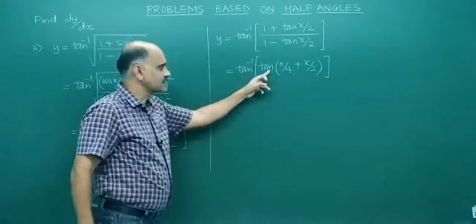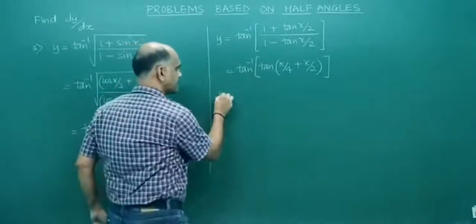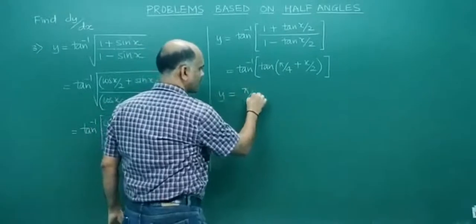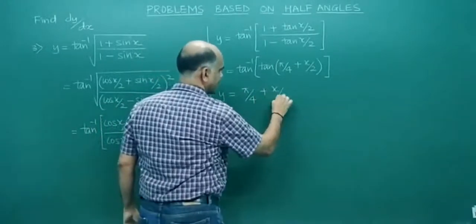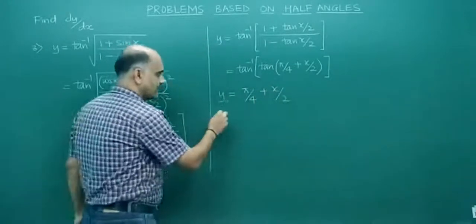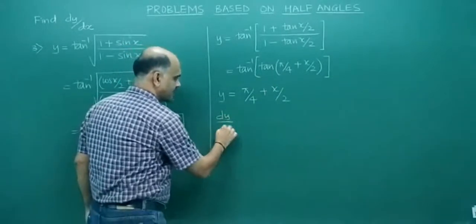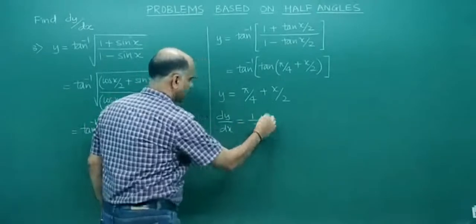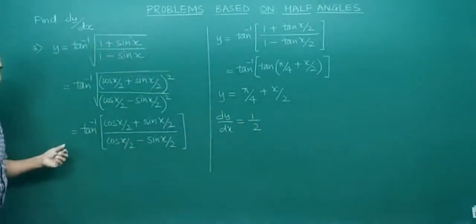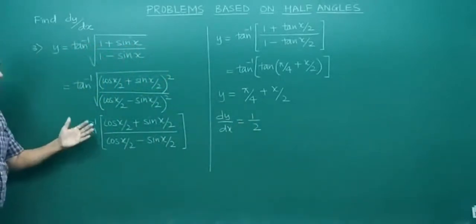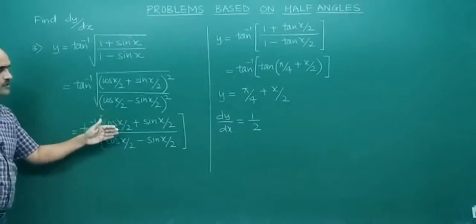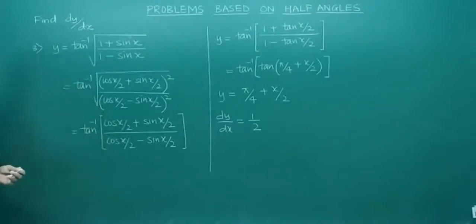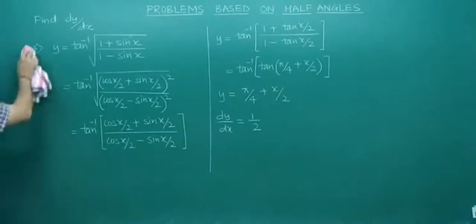Now tan inverse tan gets cancelled, so you will have y is equal to pi by 4 plus x by 2. And finally differentiate, you will have dy by dx is equal to 1 by 2. Clear, students? So you can pause, note down the solution, then we will go for the next one.